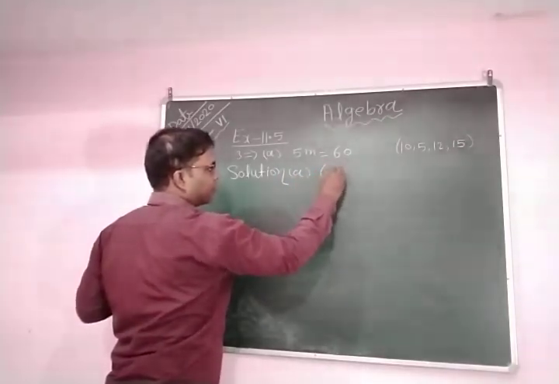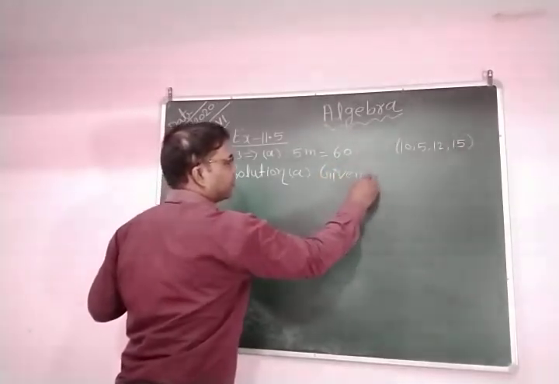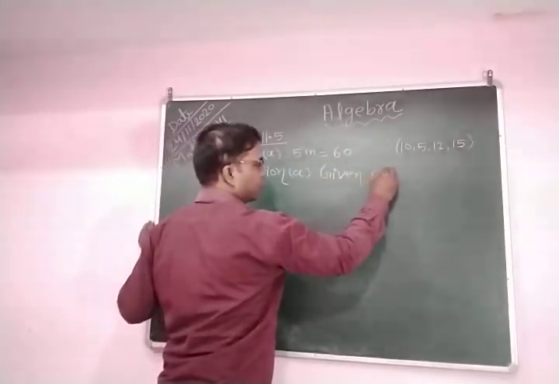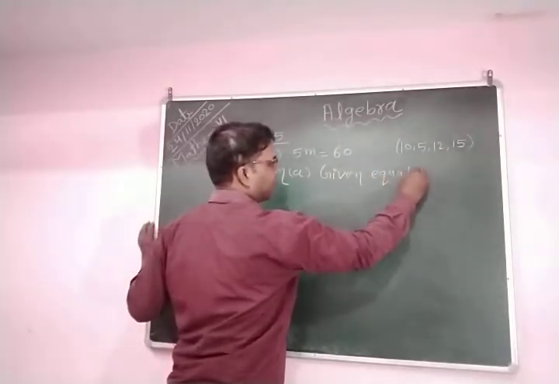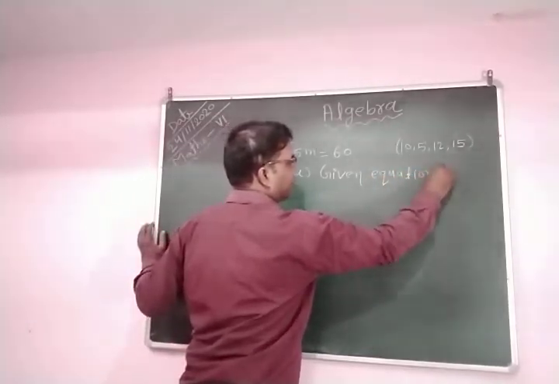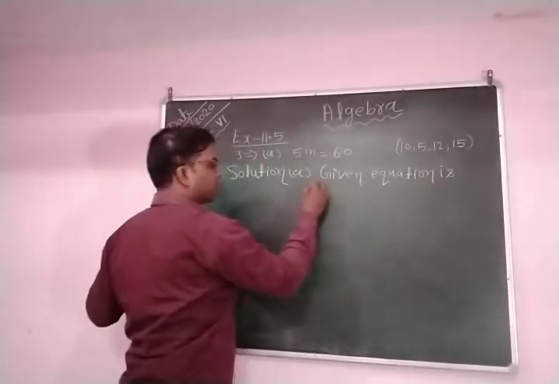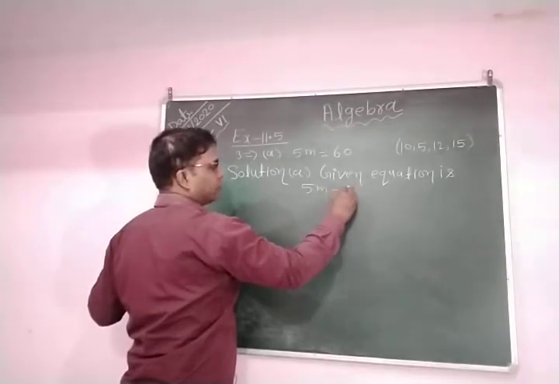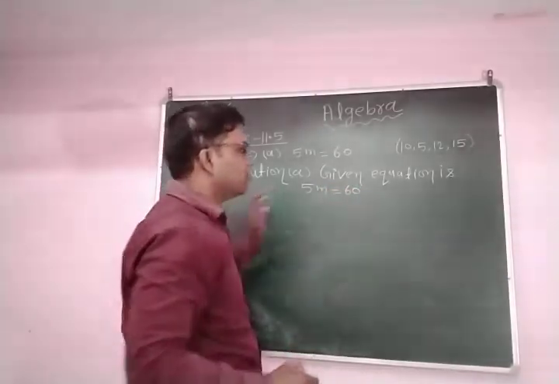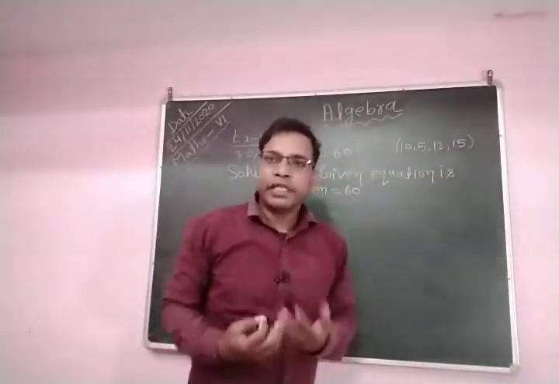Given equation is 5m = 60. What is the given equation? 5m = 60. The value of m is given, but what is the exact value of m?